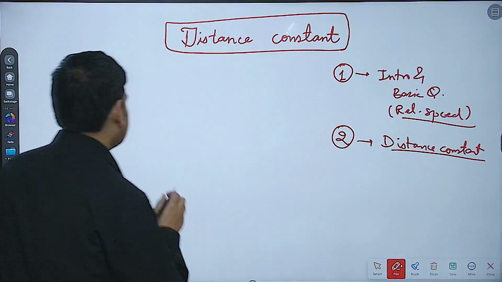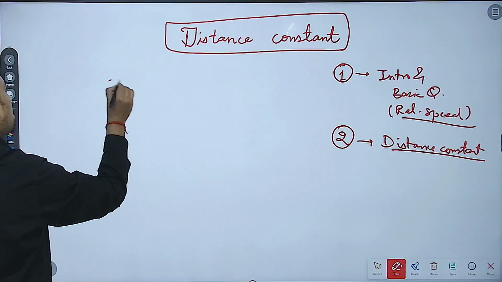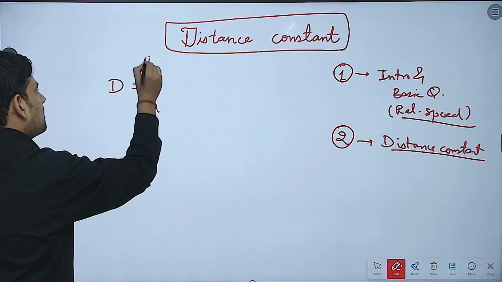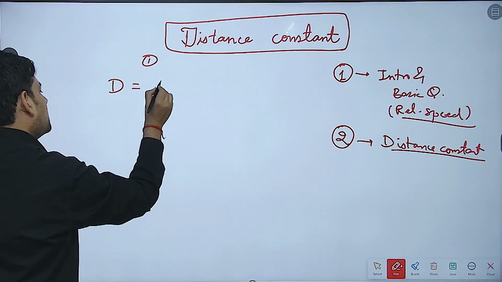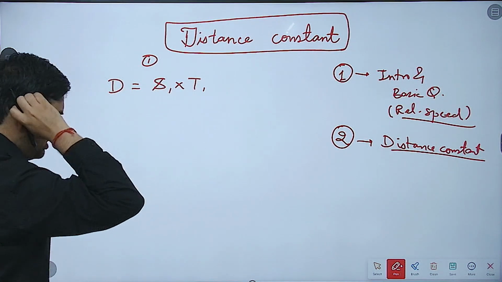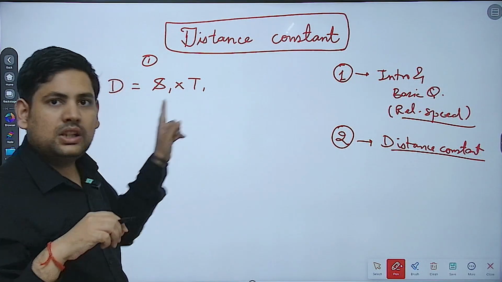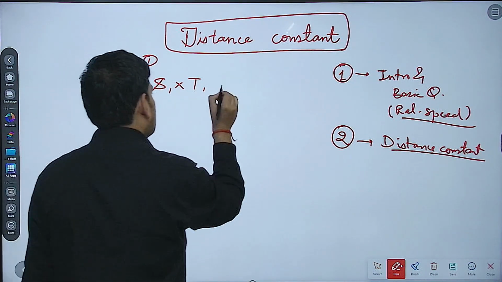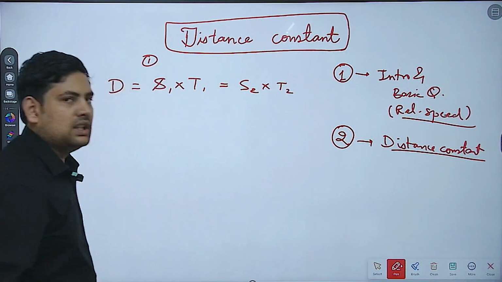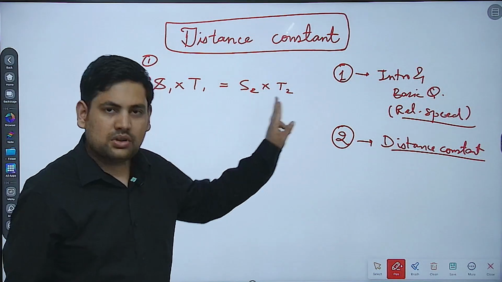So basically in these questions, distance is constant. That means there are two scenarios. In the first scenario, let's say the speed is s1 and the time taken is t1. You remember, distance is equal to speed into time. This is for the first scenario. This is for the second scenario, that is speed 2 into time 2.